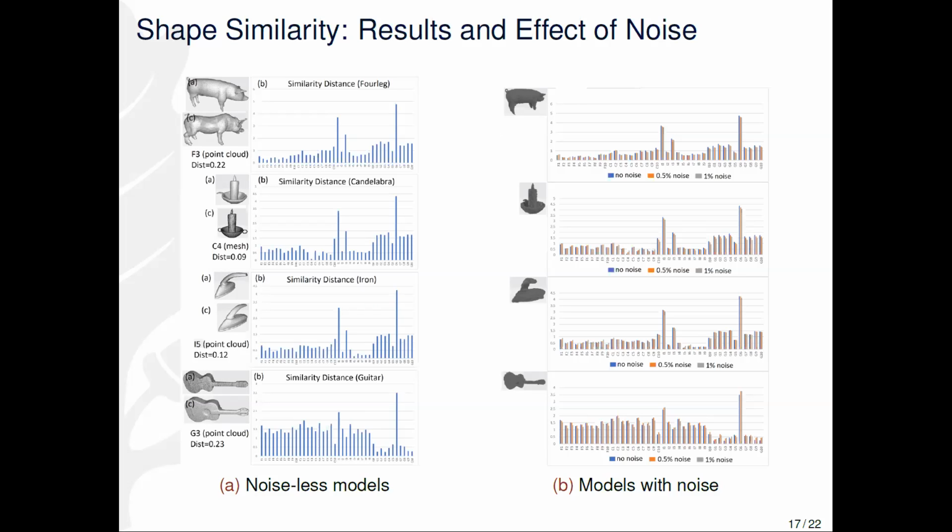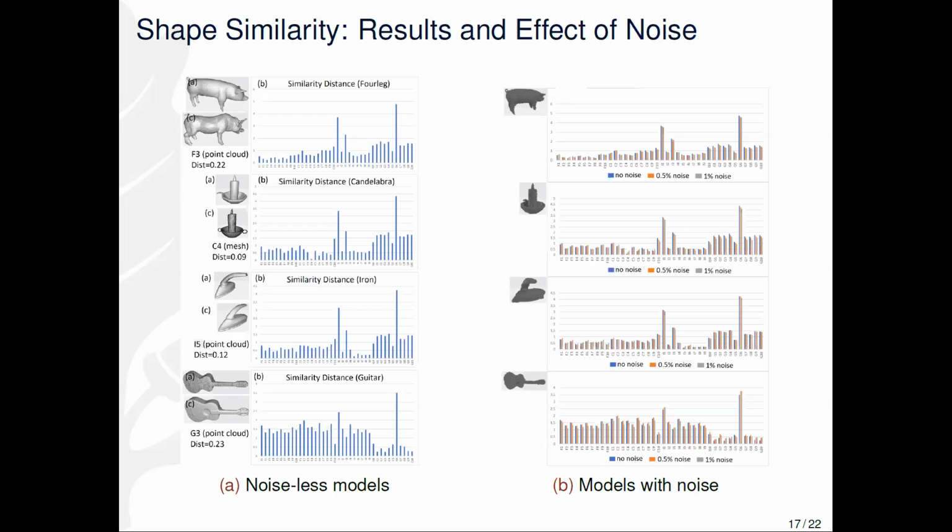Yes, they are such shape descriptors, but they cannot work on heterogeneous data sets. As far as we know, this is the first method that can work directly on heterogeneous models.